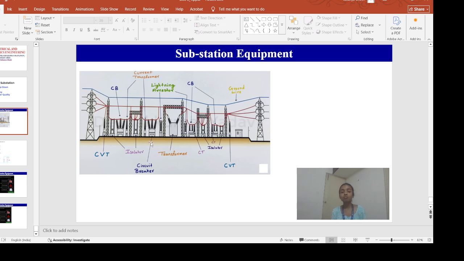Now, as I told, I'm repeating once again, the circuit breaker has two parts. One is the fixed contact and the other is a moving contact. Whenever a short circuit or overload happens, high current flows in the circuit.